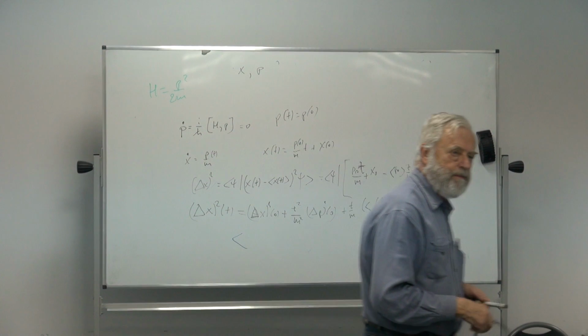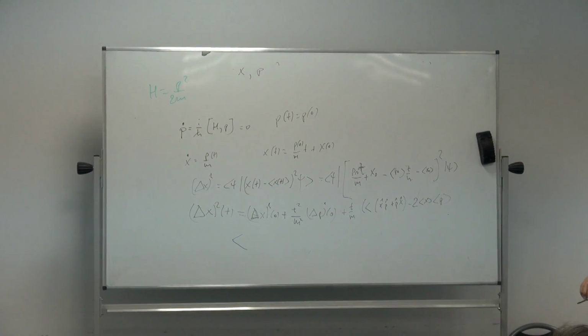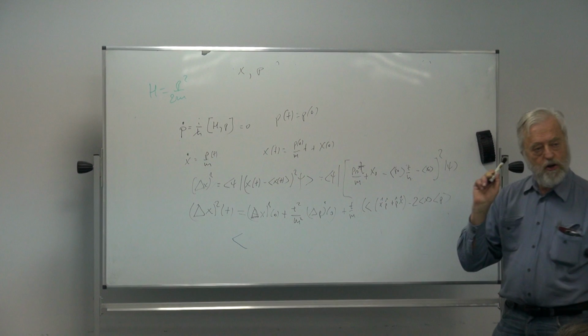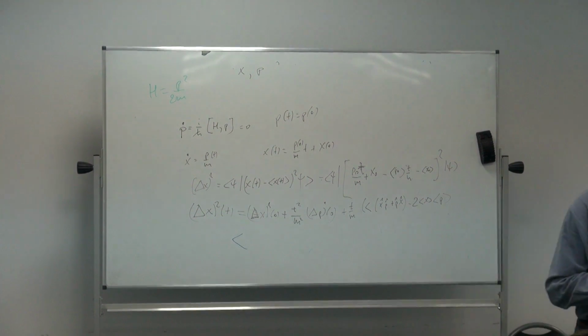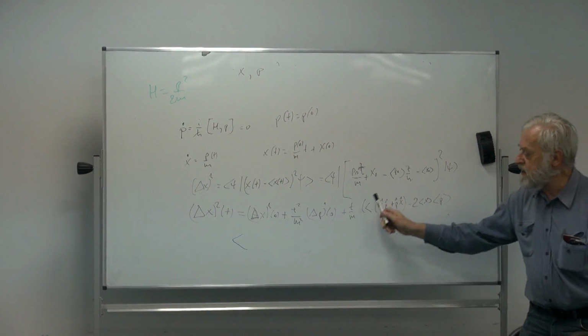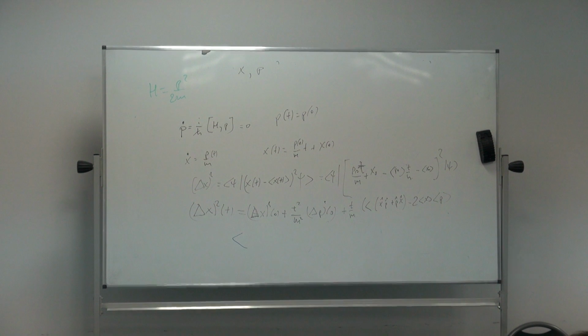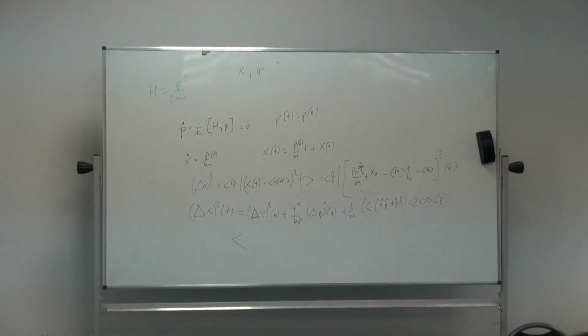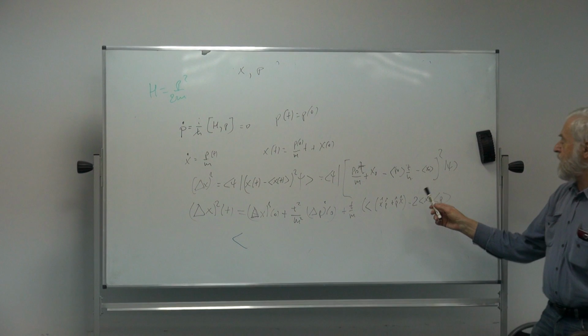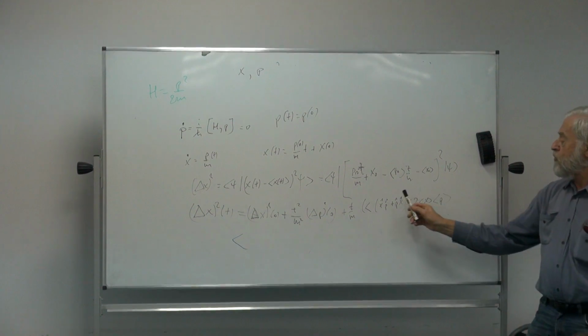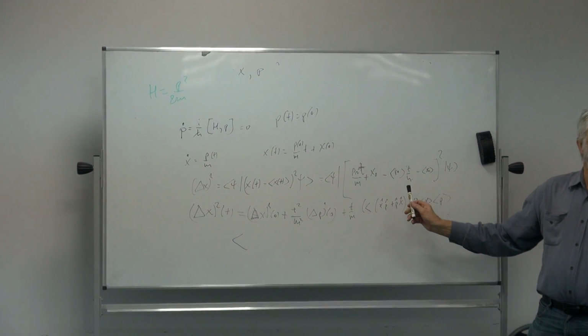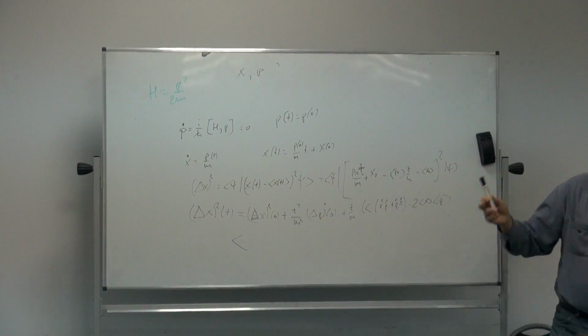But note that for short times, I should not forget this linear term in time. And this linear term need not be positive, it could be negative. These guys could be bigger than this. Why? How?